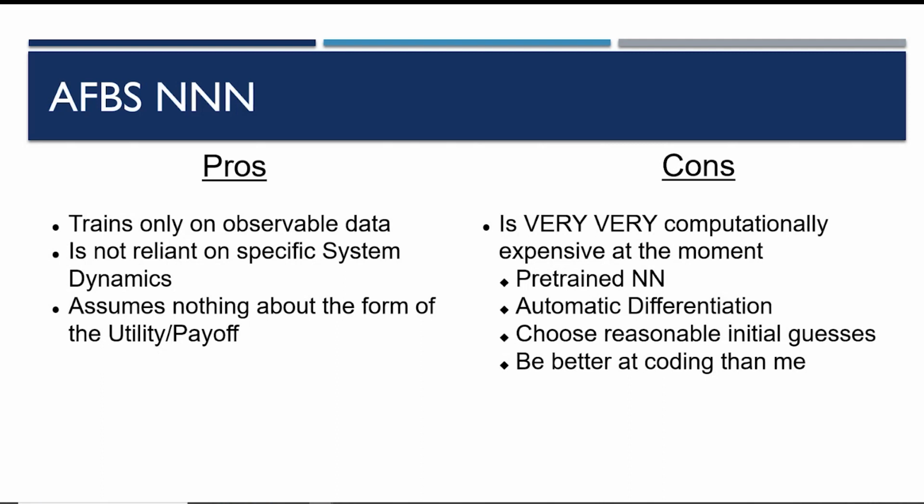So, there's certain things that I'm working on at the moment to try and reduce this, the idea of having a pre-trained neural network instead of random initialization, choosing reasonable initial guesses for both kappa and lambda TF, and also just generally being better at coding than I currently am.